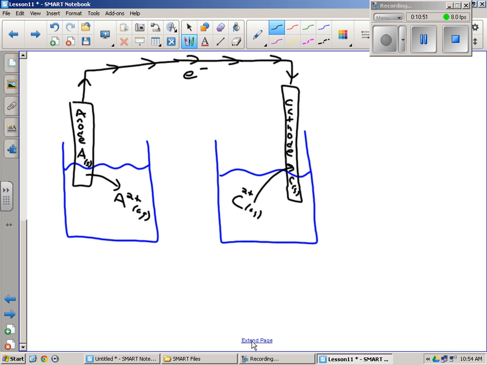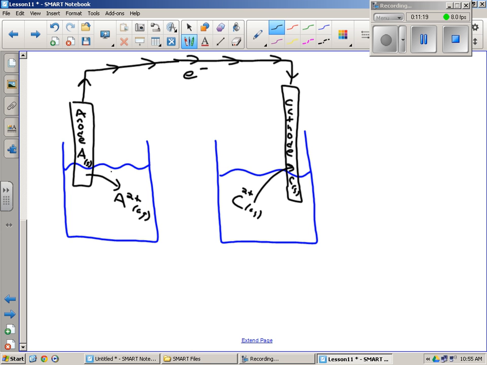So anything that looks like this, top left, bottom right, top left, bottom right, is a voltaic cell. So that's what you need to be thinking of now: voltaic cells, spontaneous. How many spontaneous reactions are there here? Lots.